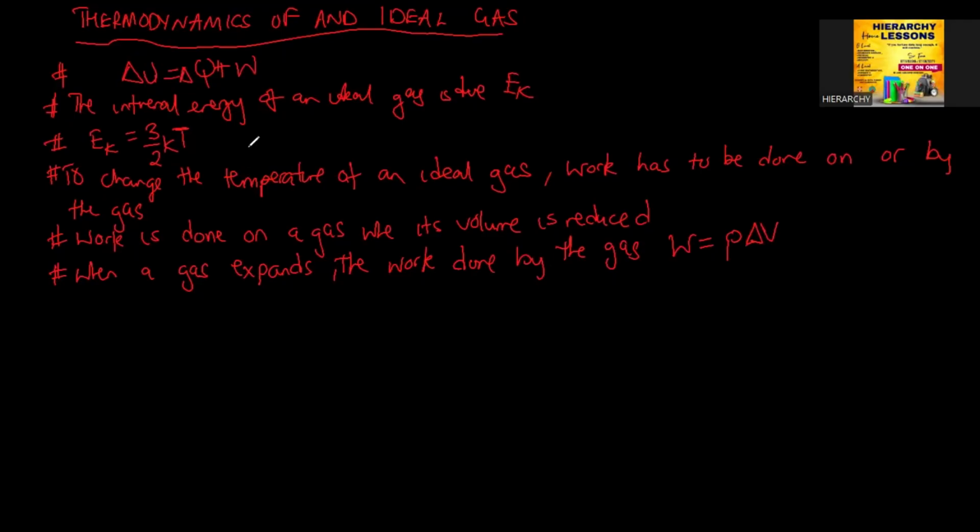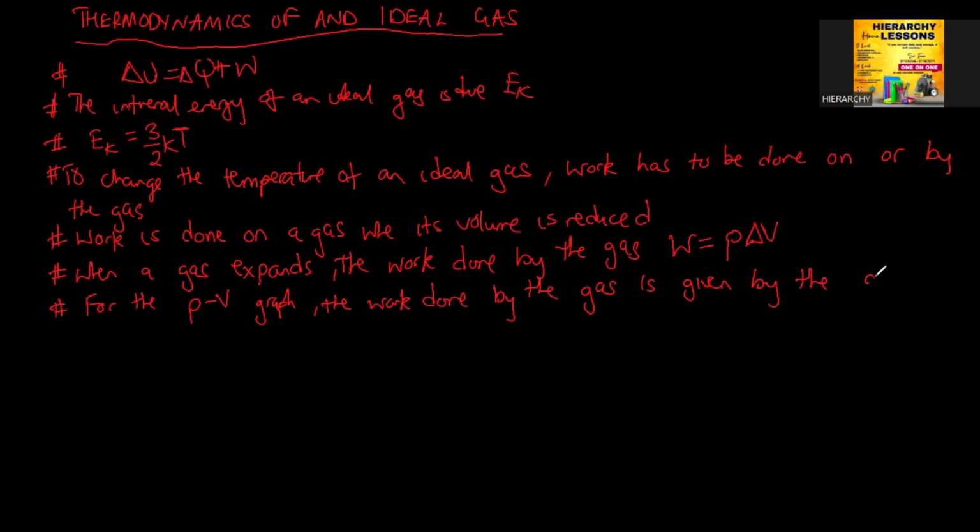For a pressure-volume graph, the work done by the gas is given by the area under the graph. So the work done by the gas is given by the area under the PV graph.